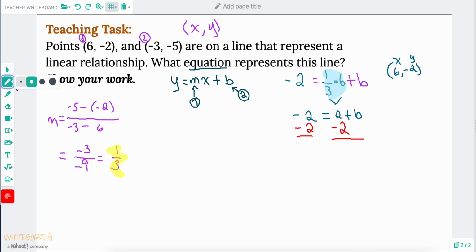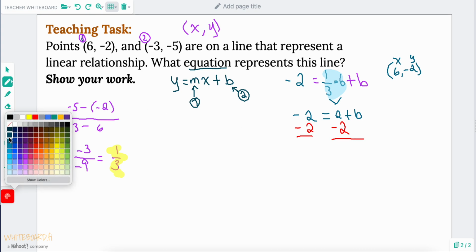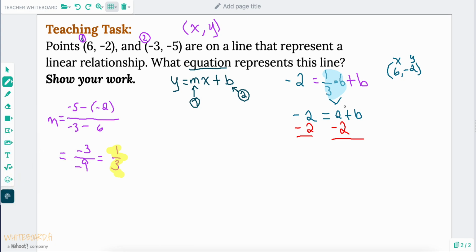So I go back here, sorry, and I know that 2 take away 2, I can cross out because that's going to equal 0, and then 0 plus b is just b. And that comes down there because 0 plus b is b. And -2 minus 2 becomes -4. So in this case, b is -4.